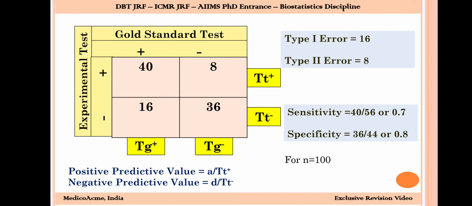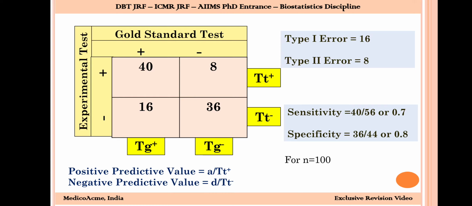In sensitivity and specificity, you took the overall gold standard test, but here you are using the total experimental data: how much was positive and how much was negative in the total experimental test is the negative predictive value. So this is just the opposite of sensitivity and specificity.